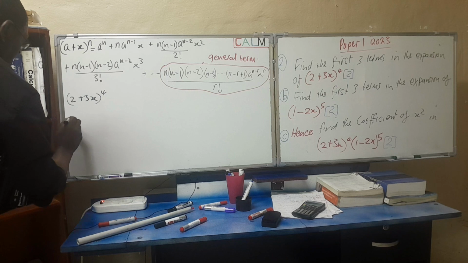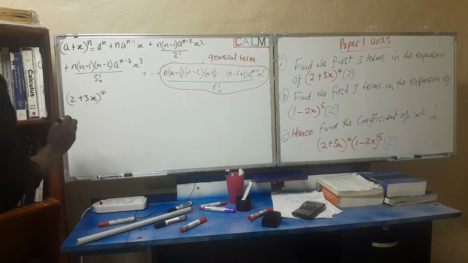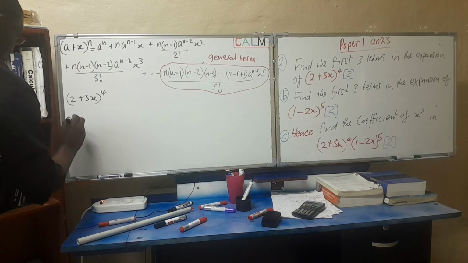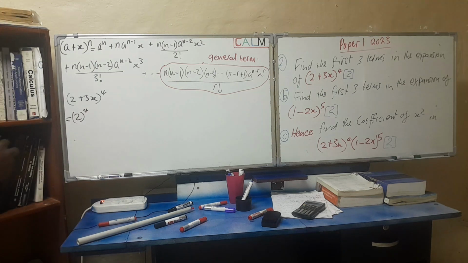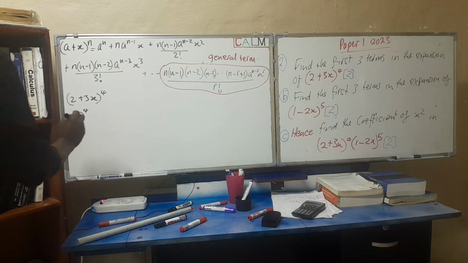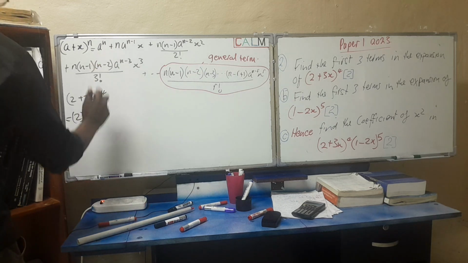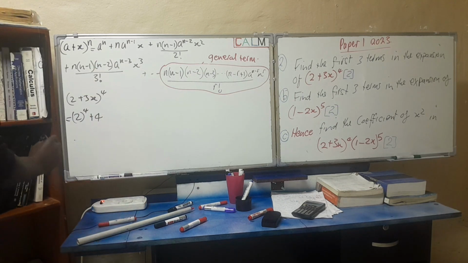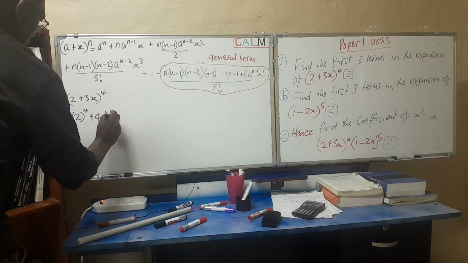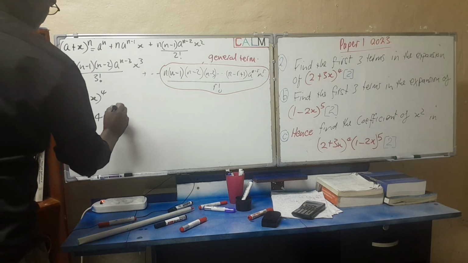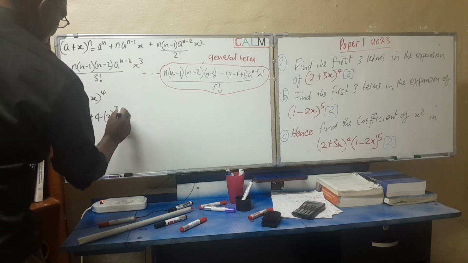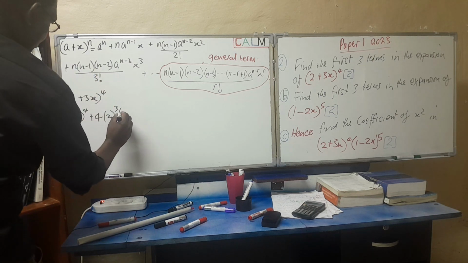The first term, of course, is a to the power n, which is 2 raised to the power 4, because n is 4. The second term is n, which is 4, multiplied by our a, which is 2, raised to the power 4 minus 1, which is 3, and we bring down our 3x.